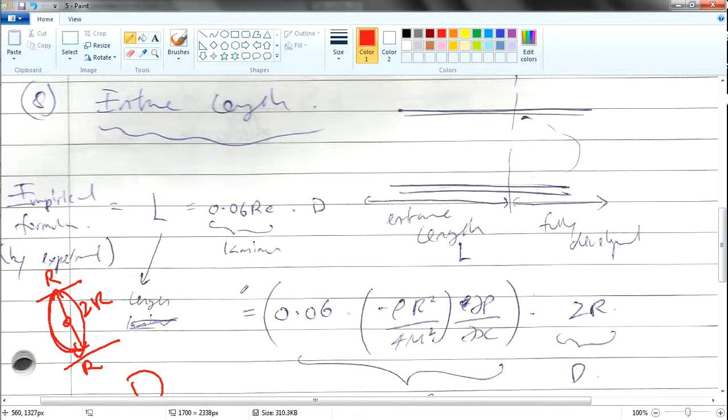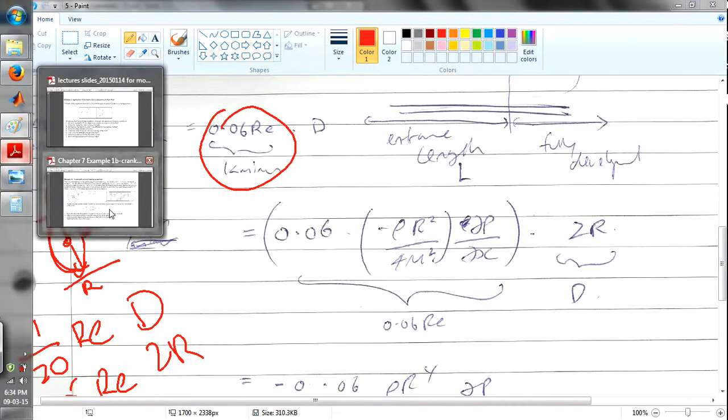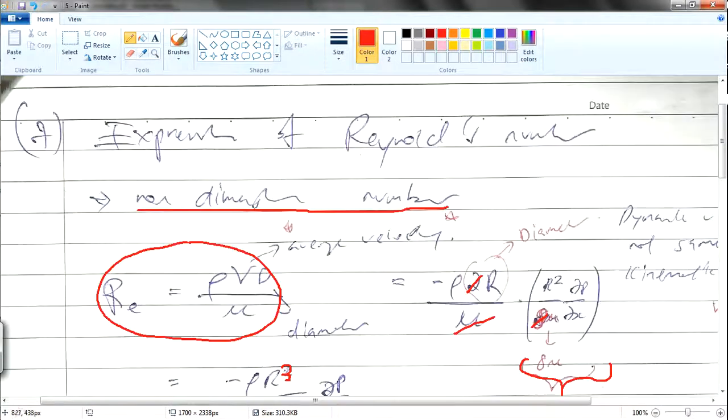So just use 0.06 or 0.05, no problem. So you have this value, and this is your Reynolds number. This is laminar. For laminar, you use this one. This is in your book. I don't know where, but anyway, never mind, it's not shown. So I would recommend you go and memorize this one, same as this one, the average velocity. Memorize.